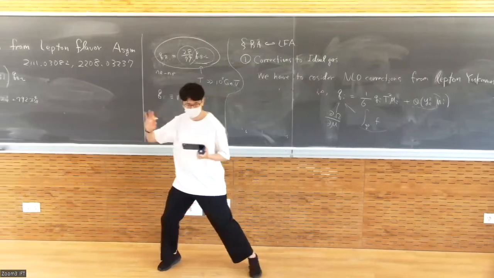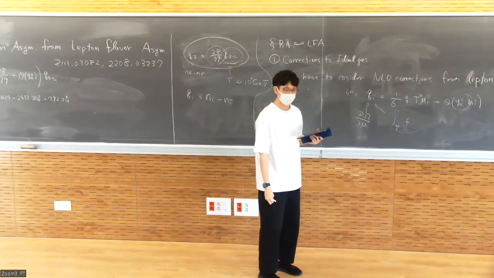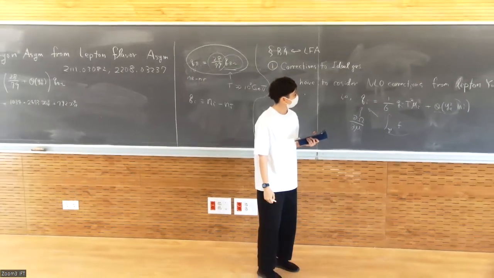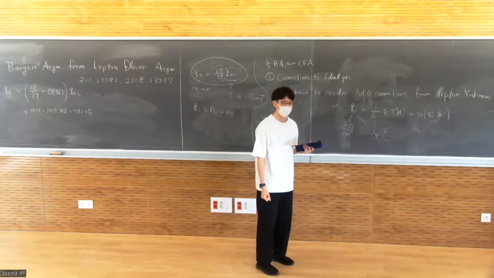But at high temperature, all of these chemical potentials for all flavors are going to be the same, just because they're in equilibrium. No. Lepton flavor is not in equilibrium, because in the standard model lepton flavor is a good symmetry, right? It depends on how you implement the neutrino.